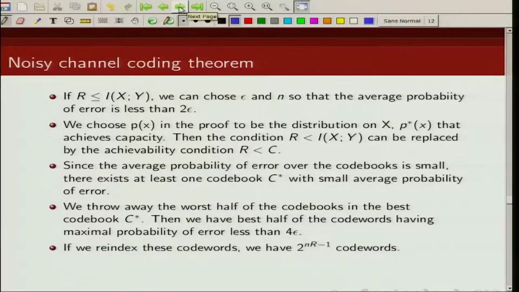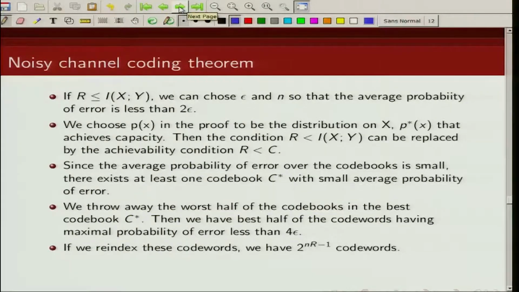The reason being, if it is more than 4 epsilon, then the average probability of error overall, bad and good code words, cannot be less than 2 times epsilon. So by throwing away half of the worst code words, with half the number of code words left, we have shown that the maximal probability of error is now bounded by 4 times epsilon.